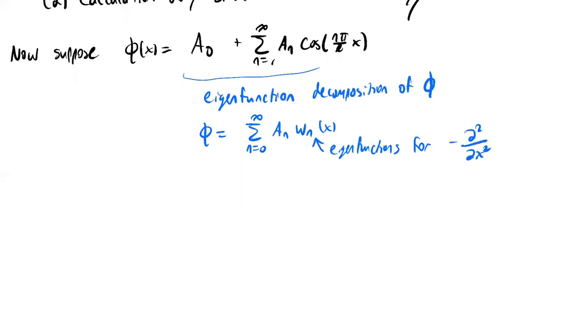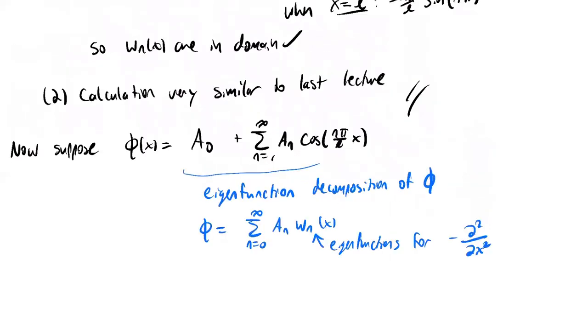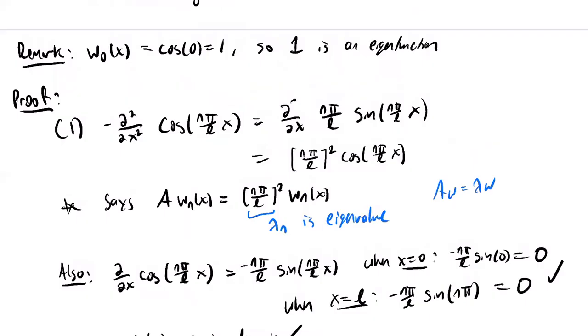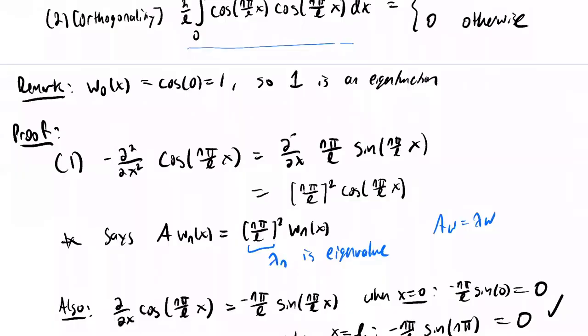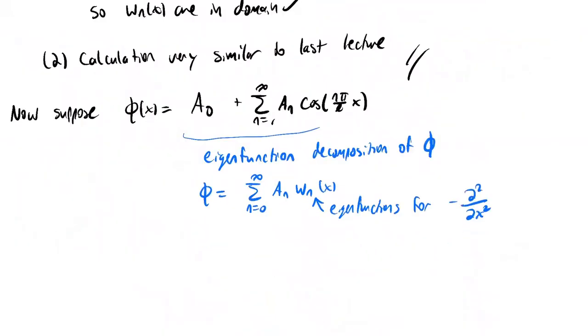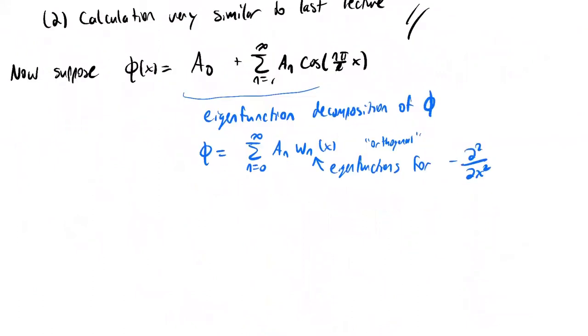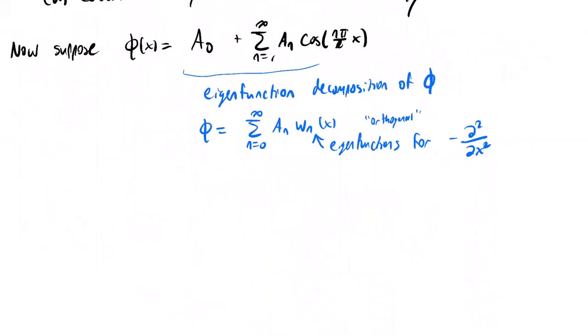Remember, they're not just eigenfunctions; we also have this orthogonality property, which we also had for sines. So these are orthogonal eigenfunctions for this operator on the Neumann boundary condition domain.